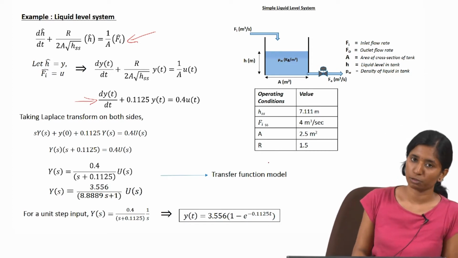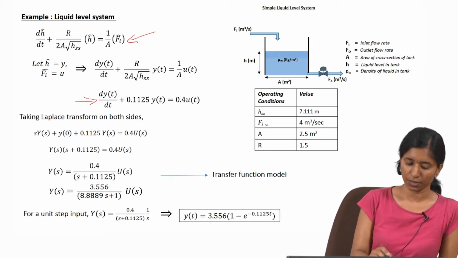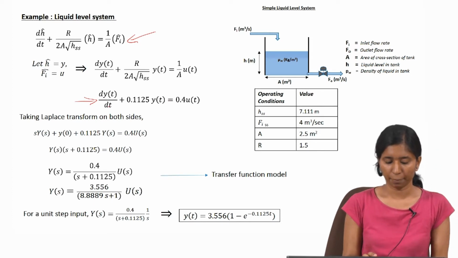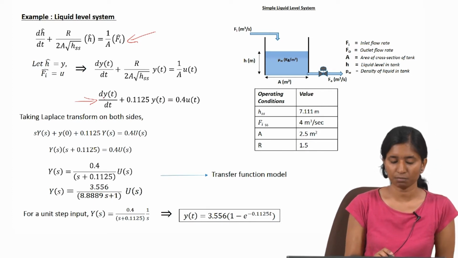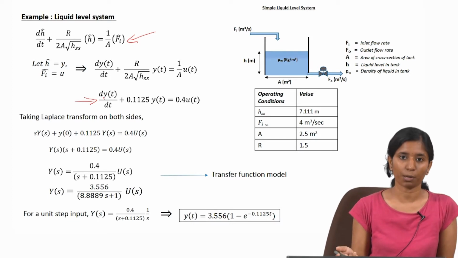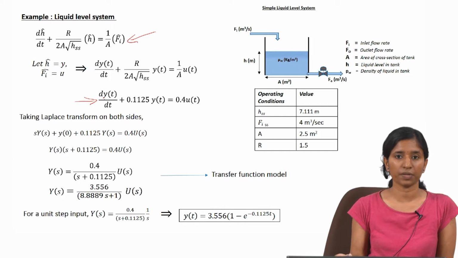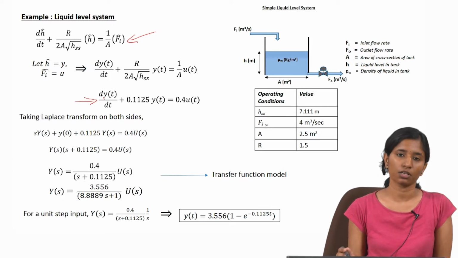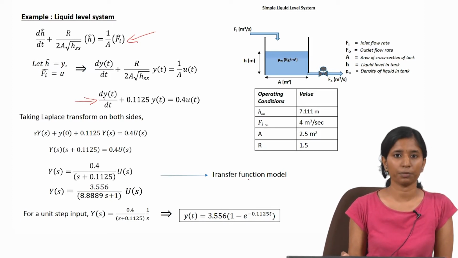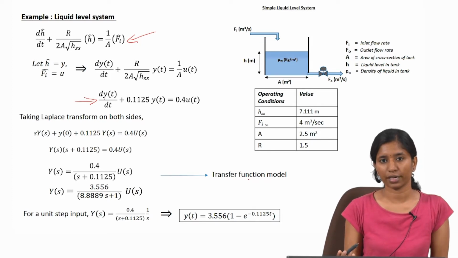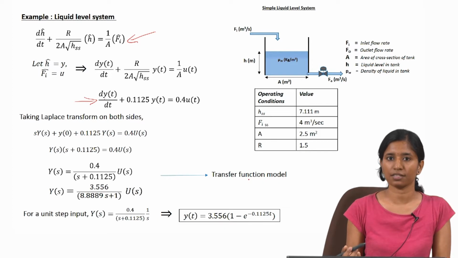So, first we will take the Laplace transform on both sides. This is a derivative term, so we have a Laplace transform property using which we can find the Laplace transform of the derivative. If you are not familiar with it, I suggest you have a look at the Laplace transform functions and Laplace transform properties.